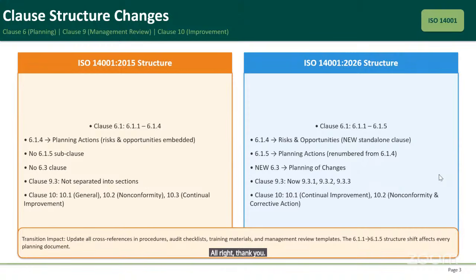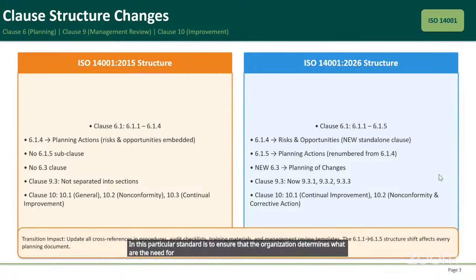Then we now have clause 6.3, which is a separate clause of the standard that they created separately. What it is talking about in this particular requirement is to ensure that the organization determines the need for changes that can affect the environmental management system.